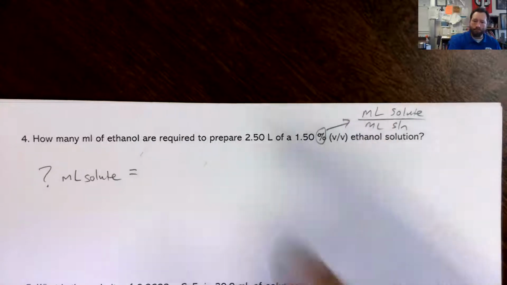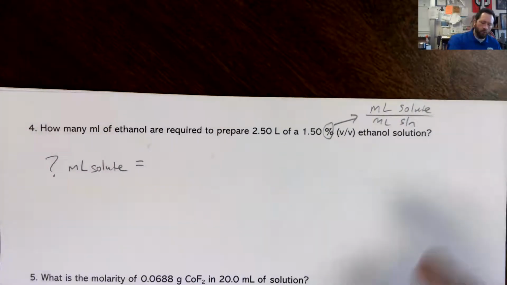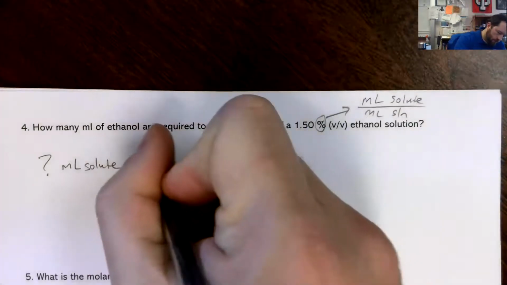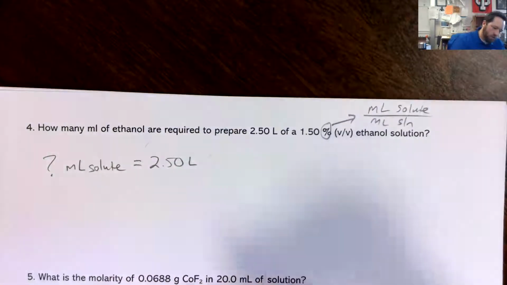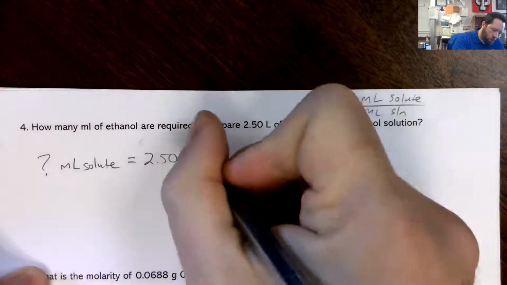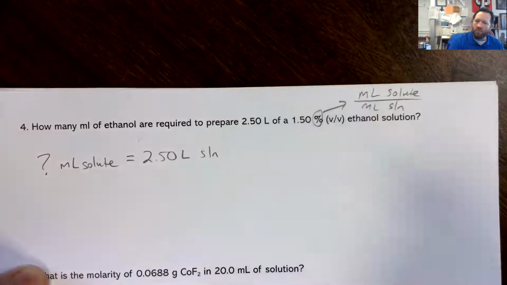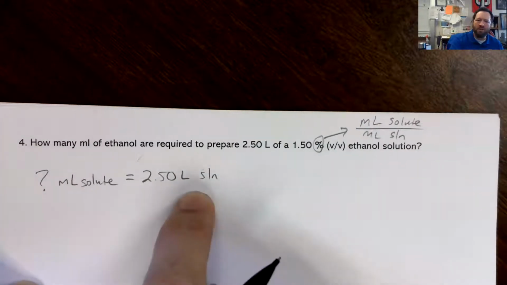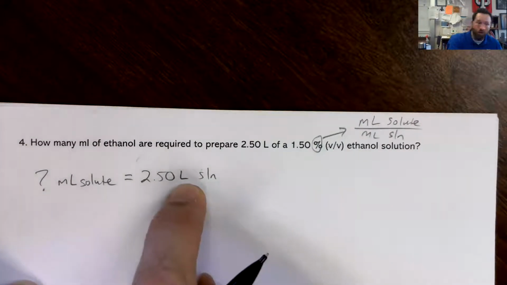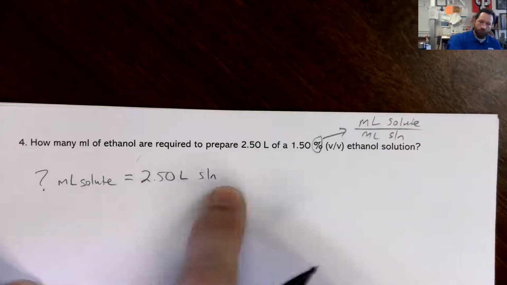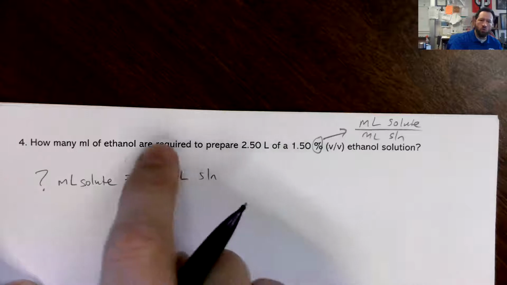If we can help it, we won't always be able to, but whenever we can, let's choose the number that has just one unit, 2.50 liters. Now that is going to be our total solution. Again, since we're working with nothing but volumes this time, it'll be helpful to identify, is this the solute or is this the solution? So I'm going to write that in there. We're looking for 2.5 liters of total solution.